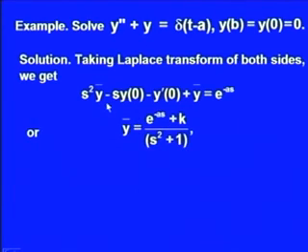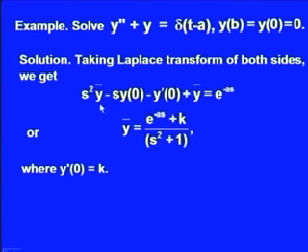Now, because we are given no value of y dash 0, let us assume that y dash 0 is equal to k. Then we can solve this equation for y bar, and we get y bar equal to e to the power minus a s plus k, with y(0) given equal to 0.